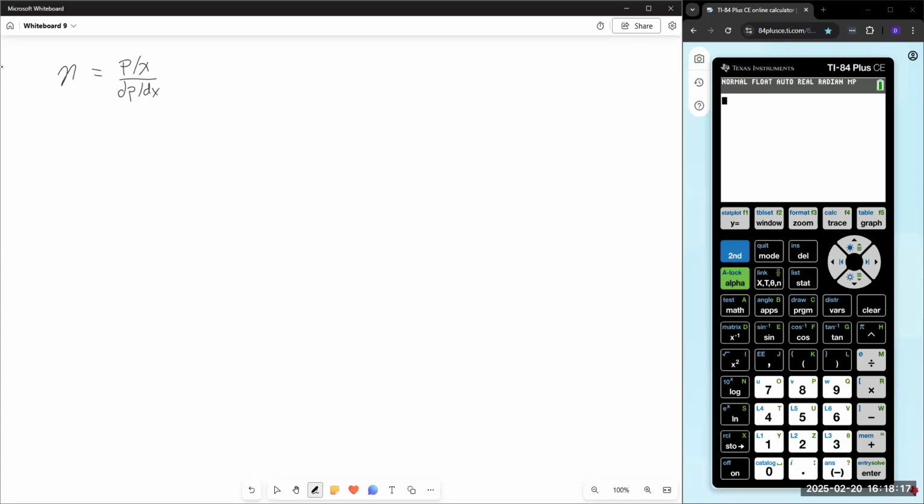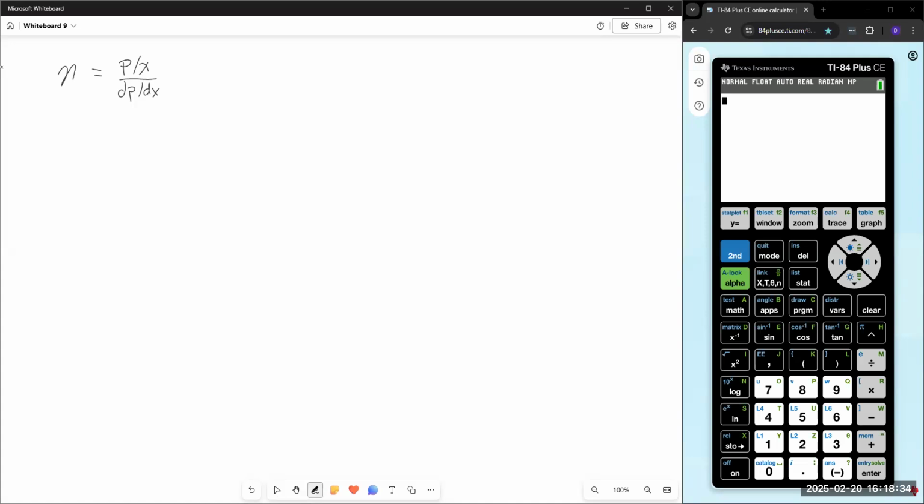So if you want to say the unit price, the price per unit, divided by the derivative of the price function, the demand function.